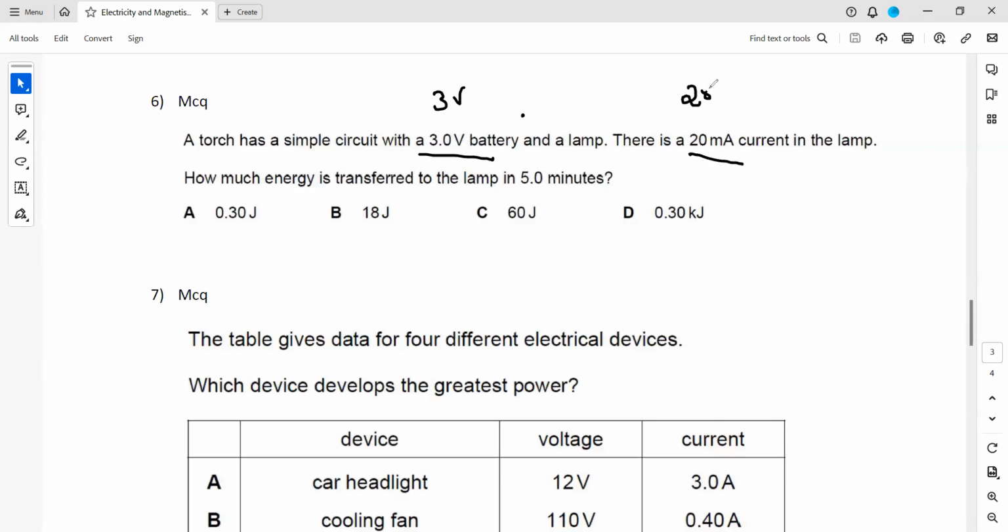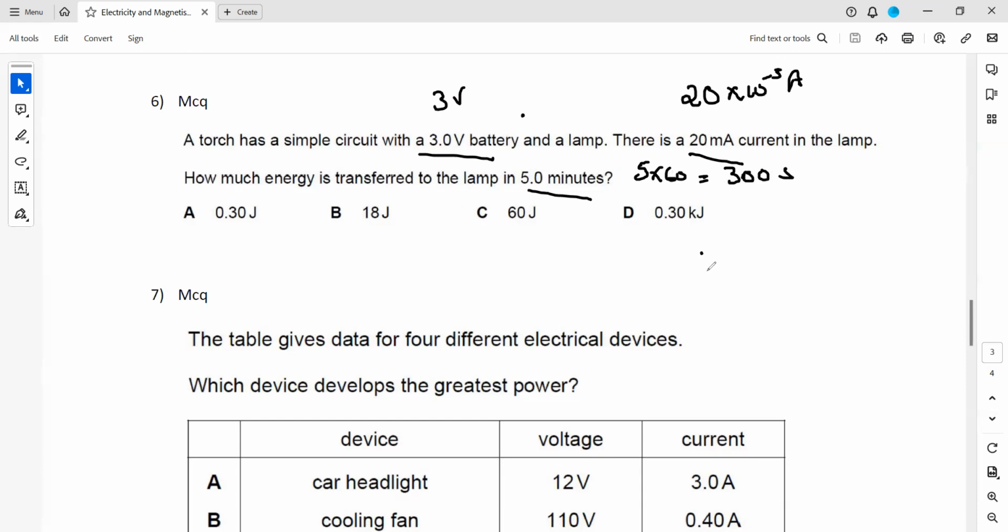So 20 milli means 10 power minus 3. So it will be 20 into 10 power minus 3 amperes. And it is used for 5 minutes. If we use it for 5 minutes, the time should be in seconds, so we multiply by 60. So it will be 5 multiplied by 60, which is 300 seconds.